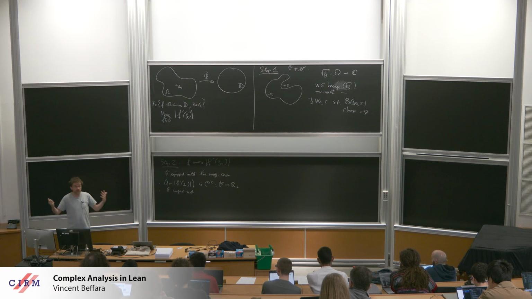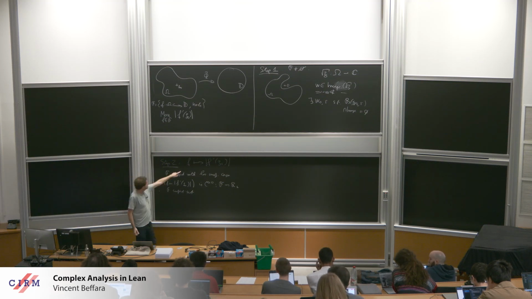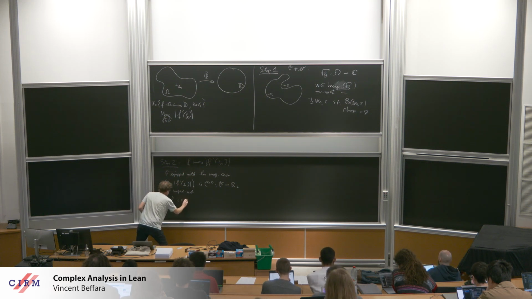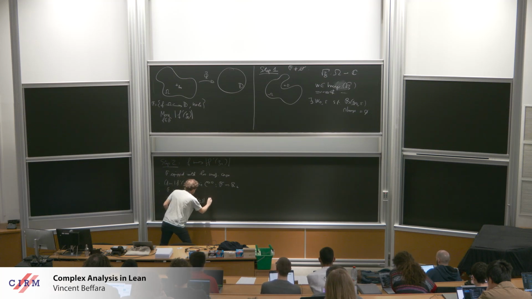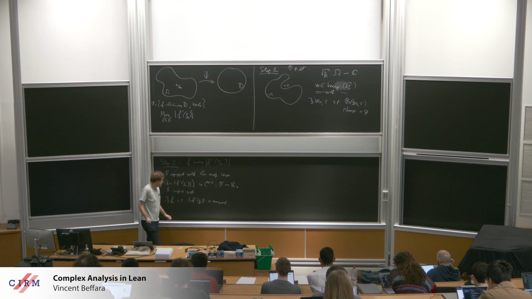You can maximize, and you can give one particular function which realizes the maximum. So there is a function f such that f prime of z0 is maximum. Okay, so that was step 2. You can extract the maximizer of this particular observable, and you get one particular function.